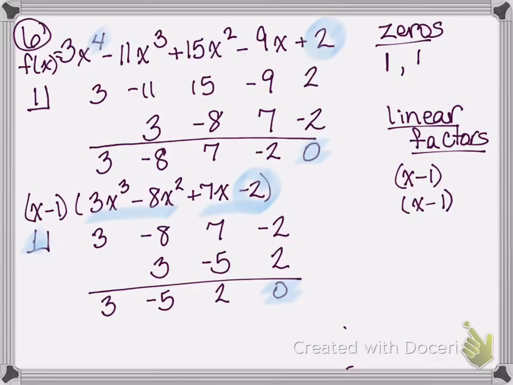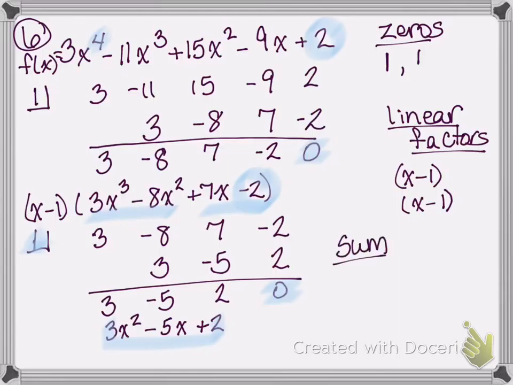So now I've got another trinomial that I can look at factoring. So I've got 3x squared minus 5x plus 2. So this I'm pretty sure can be factored. So what we have to do is multiply our a and our 2 to get our product.